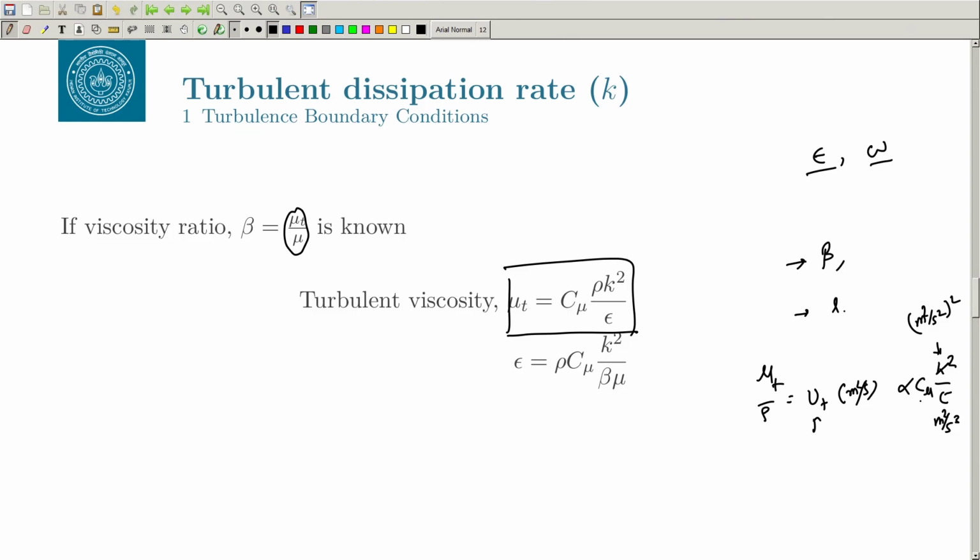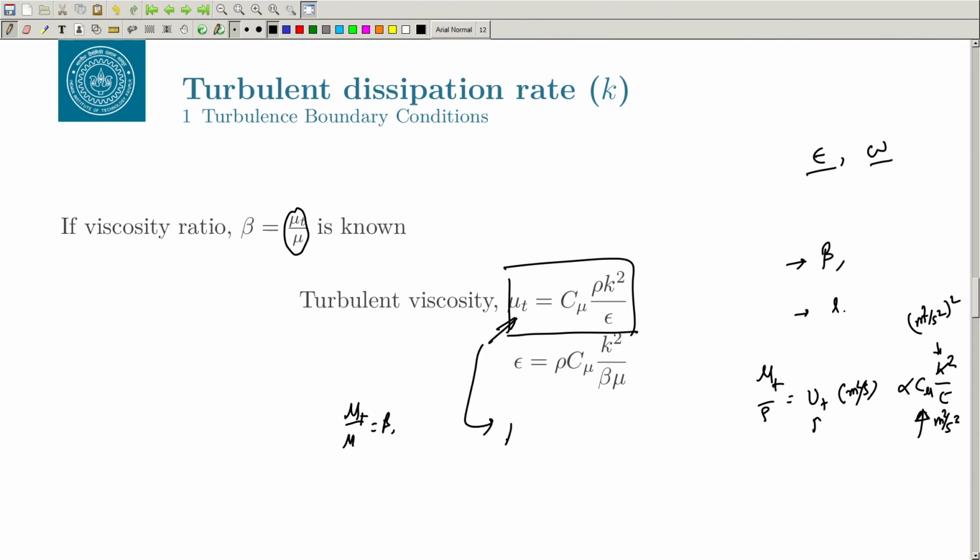Again, a small caution here: in some of the models you do not use C mu in this definition, and some of the models do use it. So, you have to look at the manual to see how they have implemented it. If you use this definition, you can directly calculate this. So, you know this mu t. mu t by mu is equal to beta, so mu t will become beta mu.